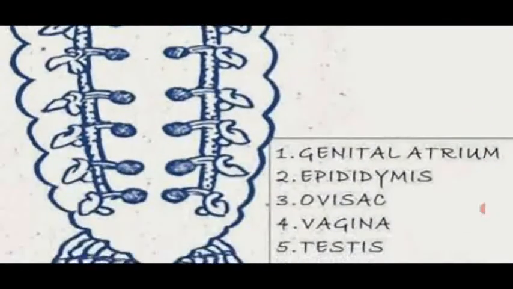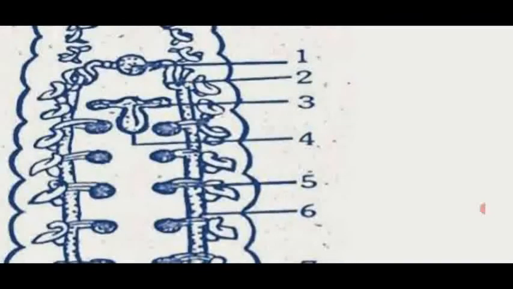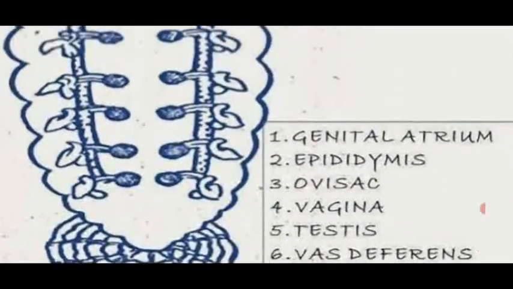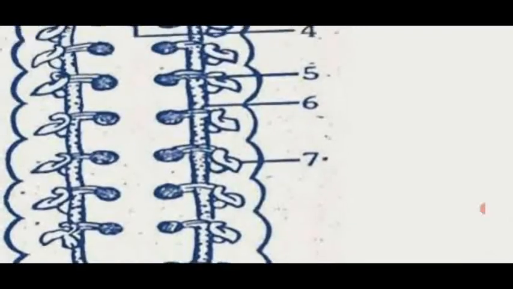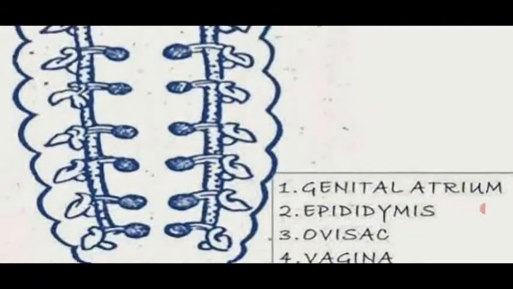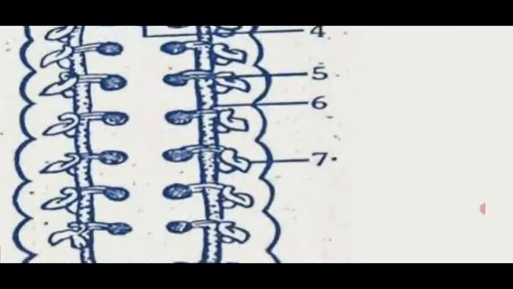The second one is the epididymis, that is, the sperm vesicle which contains spermatozoa or sperm. The third one is the ovisac, that means oviduct. The oviduct leads into a region called the vagina, that is number 4.